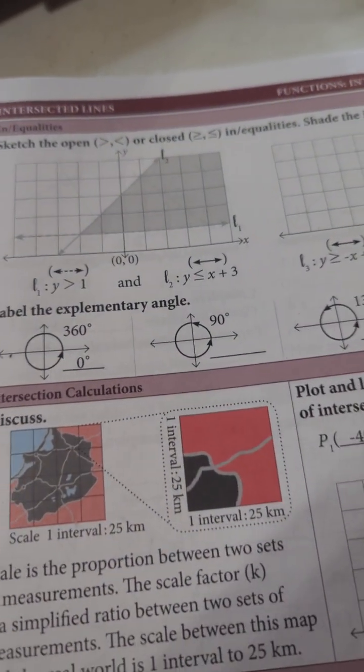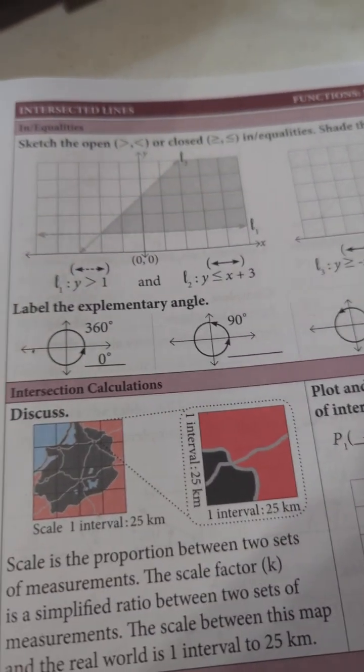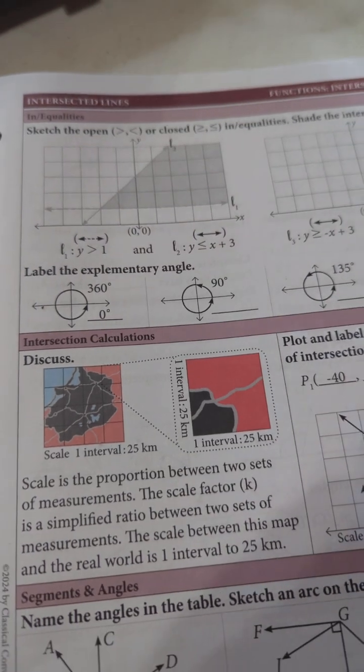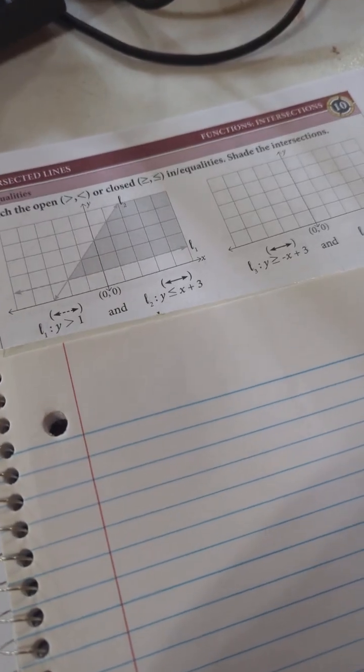Okay, so I think that's what we need from this page. So let's go back over here and let's look at the example that they did for us and let's work through it, so we can understand things as we go. So if we have this line right here, you see this line is dotted and this line is solid.